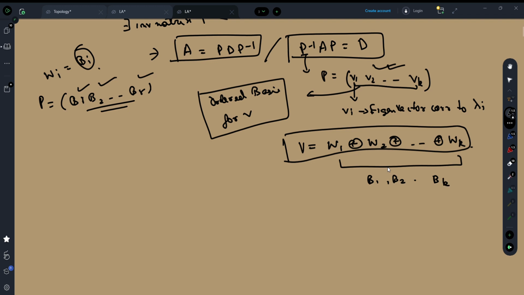Suppose B is formed out of these basis elements, where each of these is a basis of Wi. Suppose the dimension of V is n. But this very set does not have n elements.